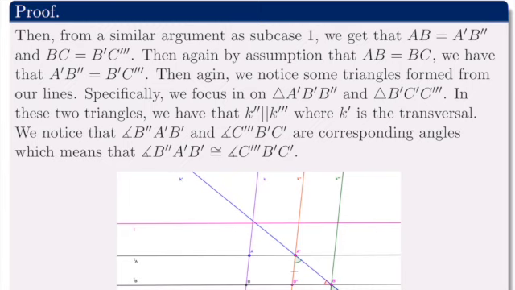This basically means that these two angles are congruent. So we have the green angles, which are congruent, and again, those are our green angles.